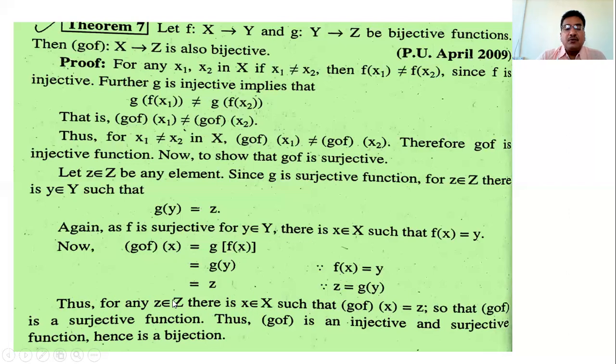So g circle f is a surjective function. Since g circle f is injective and surjective, g circle f is a bijective function. That is, if f and g are bijective, then their composition is also a bijective function.